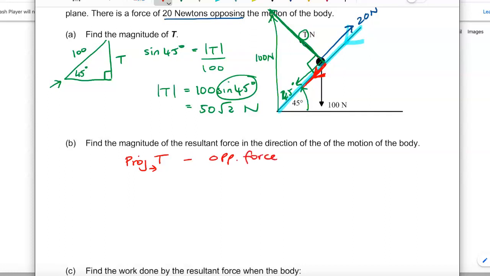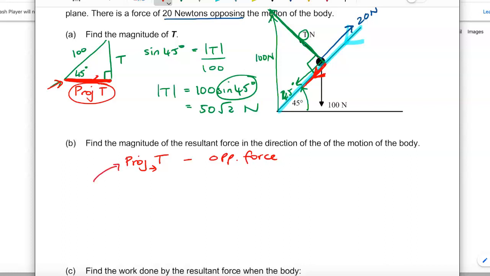So what we want to find from our first right-angled triangle previously is this value that is going to be the result of the projected reaction force T. So if we use that same right-angled triangle above, we can work out, looking from the angle, that we want to find this side, projection of the force T, which is the adjacent side over the hypotenuse of 100.